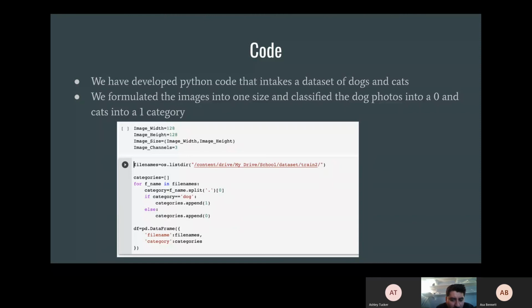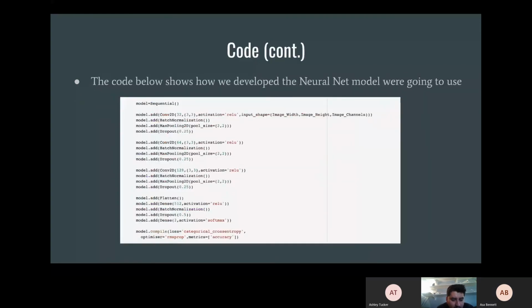So one aspect of the project is to have everything the same size, where we then classified dog into the value 0 and cats into the value 1 category, so we can use that in our neural net model. And the next snippings show a snipping of our neural net model.